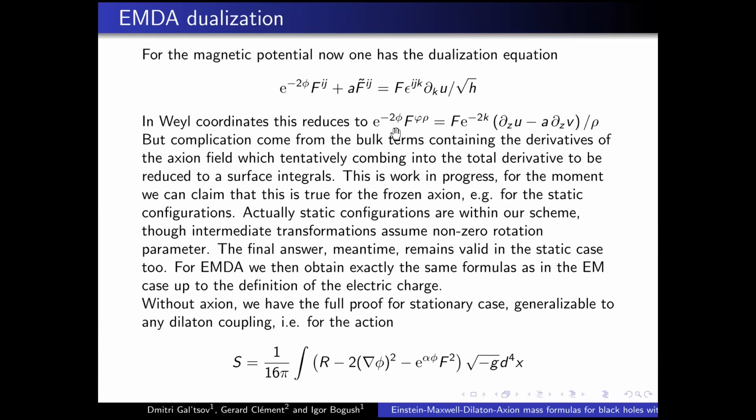For the moment, it is work in progress, and what we did is to exclude it if A is frozen, so for some reason the derivatives of A are supposed to be 0, for example, for the static case, and then it works.